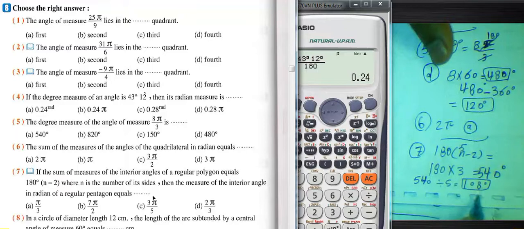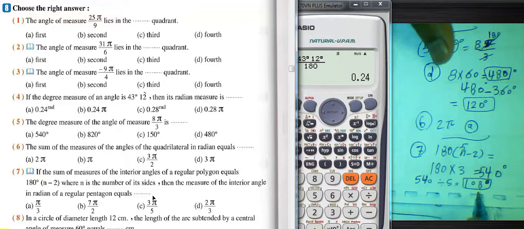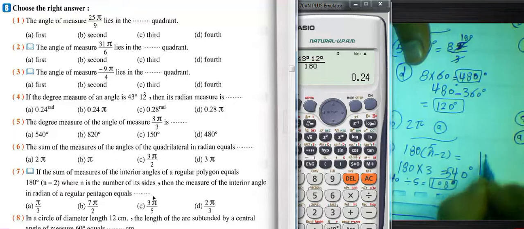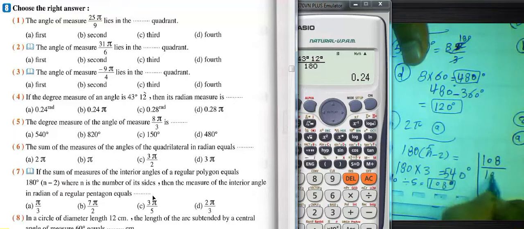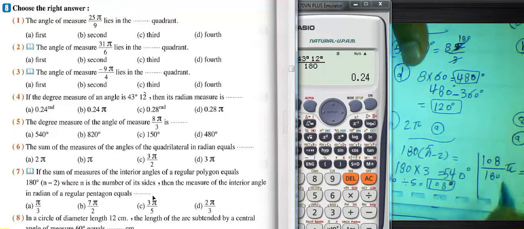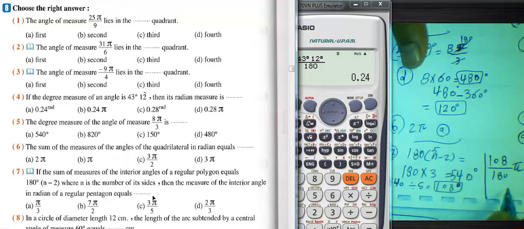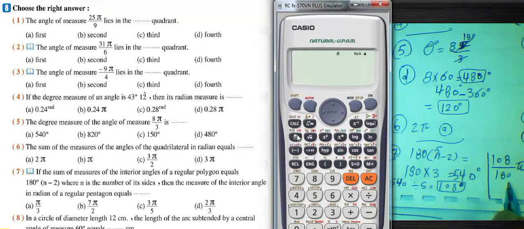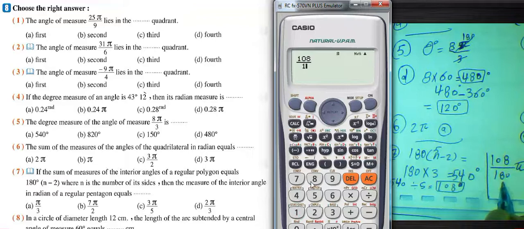You can convert this angle from degree to radian. How? By dividing by 180. 108 divided by 180, we can use a calculator, okay? We can write 108 over 180.